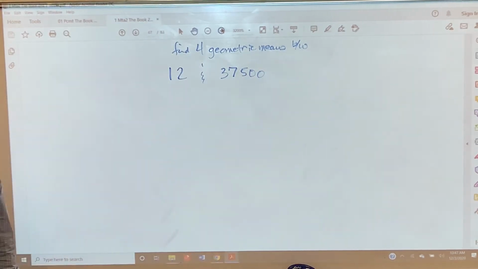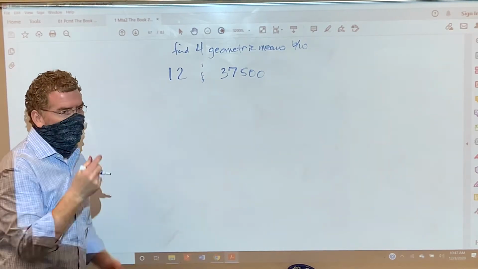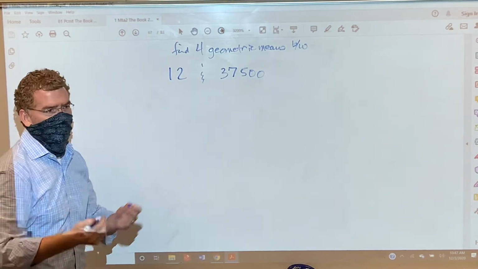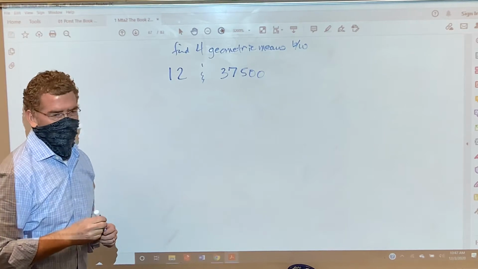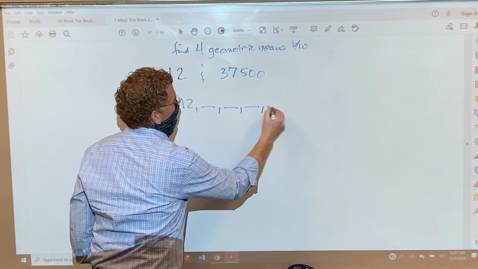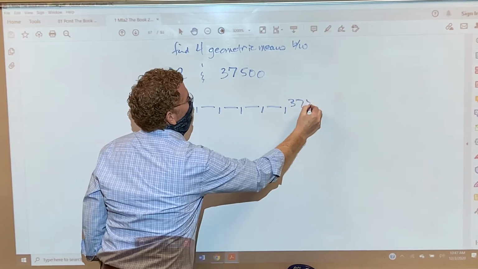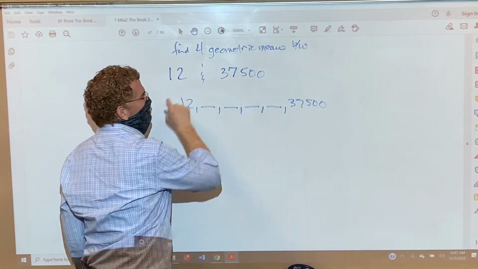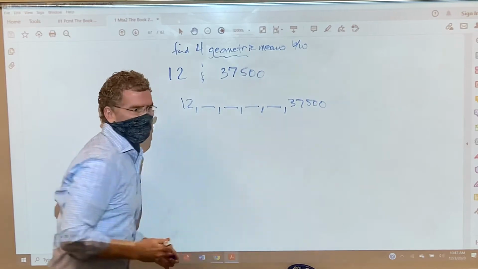So if I were to say find 4 geometric means, all I'm really asking you is to find what? The 4 spots in between there, assuming that this sequence is a geometric sequence.